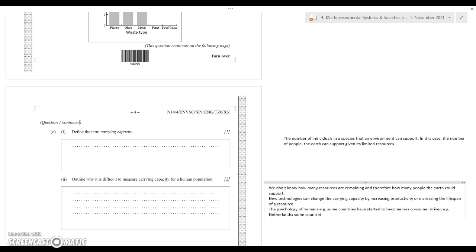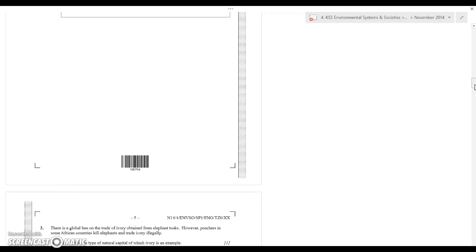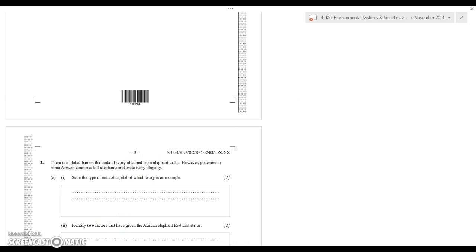Some countries don't use as many resources, so it becomes really hard to predict what the future holds. So maybe we can have many more people on the planet, but everybody using less resources, it's hard to know. Okay, and I'm going to stop there for this one.